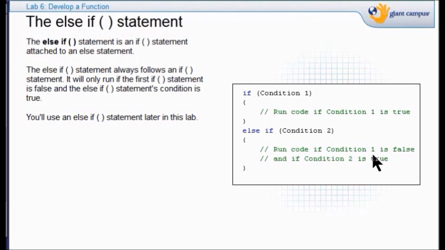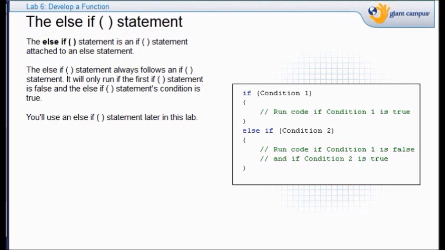Or you might have a third else, and you could have else it's a tie. So you can have else-if statements there to determine certain conditions. It always follows an if statement. It'll only run if the first if statement is false and the else if statement is true. You will use an else if statement later.